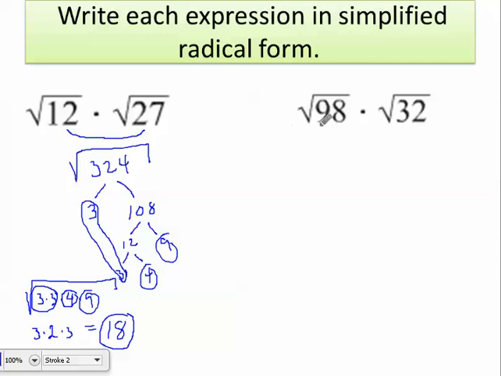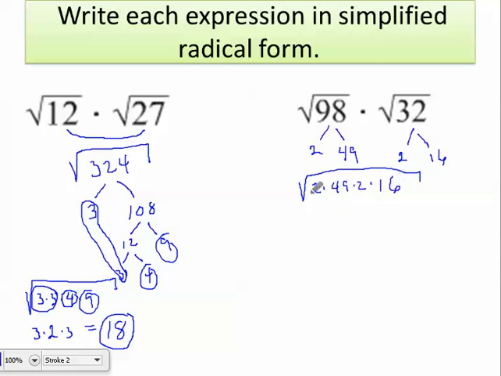I'll show you that one over here. 98 factors into 2 times 49, and 32 factors into 2 times 16. So when I'm multiplying these together, I've got the square root of 2 times 49 times 2 times 16.